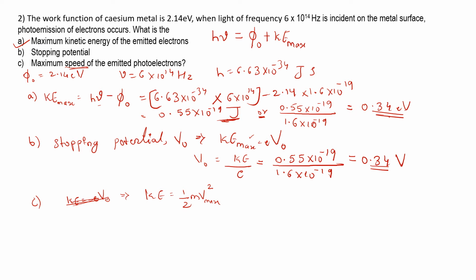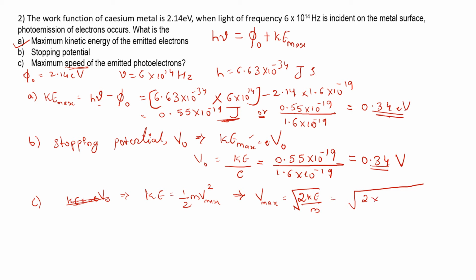So we will modify this formula for V. V maximum is equal to: the square comes to the other side and becomes a square root. Before that, the 2 comes to the other side, so it becomes 2 into kinetic energy divided by m, whole under square root.